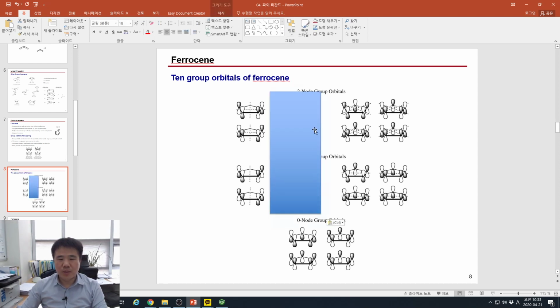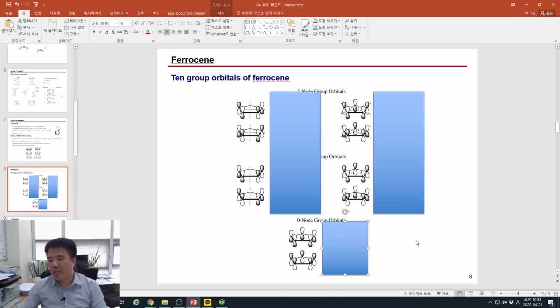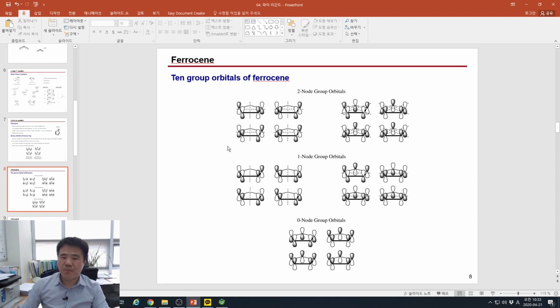Do you understand? If you think about only one cyclopentadienyl, you just think of this. But we have a pair of cyclopentadienyl ligands, so we need to consider same and opposite twice. So all cases are like this. But the energy level is the same because the nodes are 1, 2, 1, 2 like this.